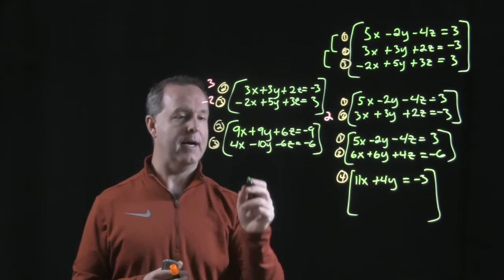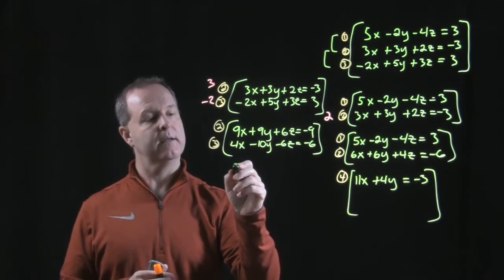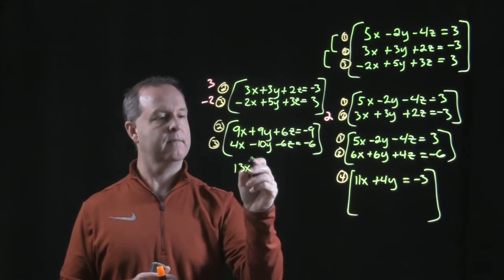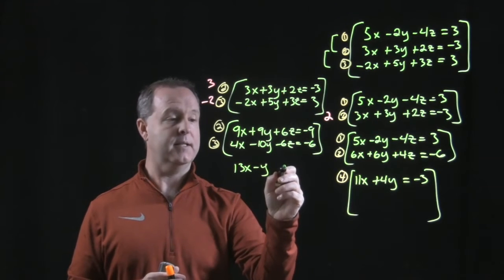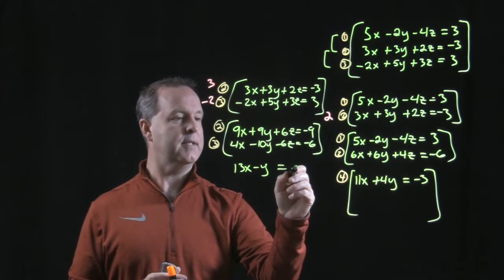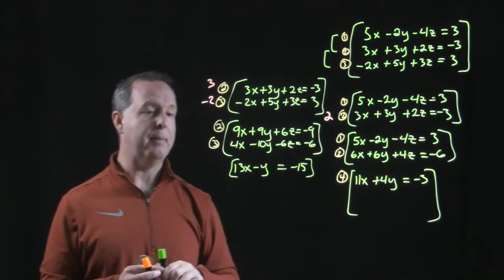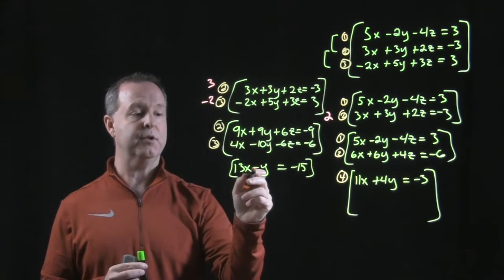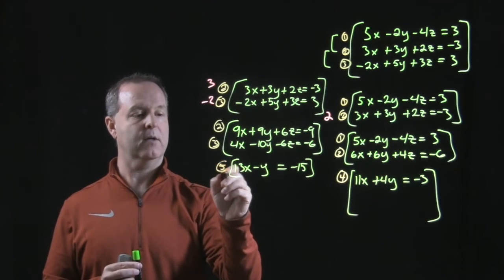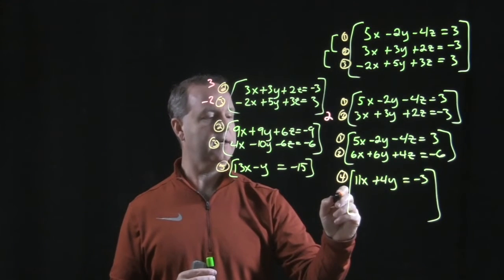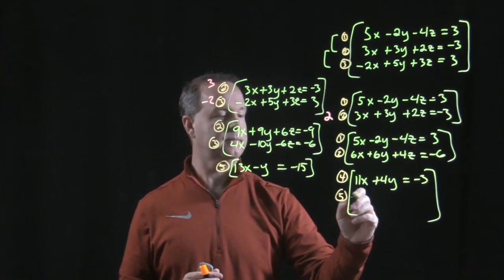Here, let's add those up. I would then get 9x plus 4x, which is 13x, minus y. The z's drop out, equals negative 15. So by combining two other equations, I was able to produce a new equation with just two variables. I'm going to call that my 5, and I'm going to put my 5 over into this new emerging 2 by 2.